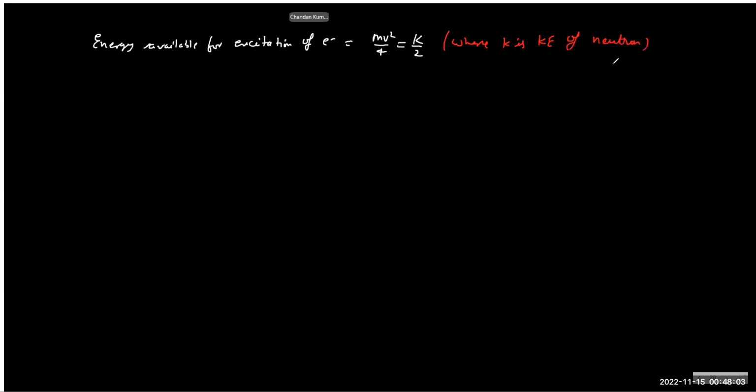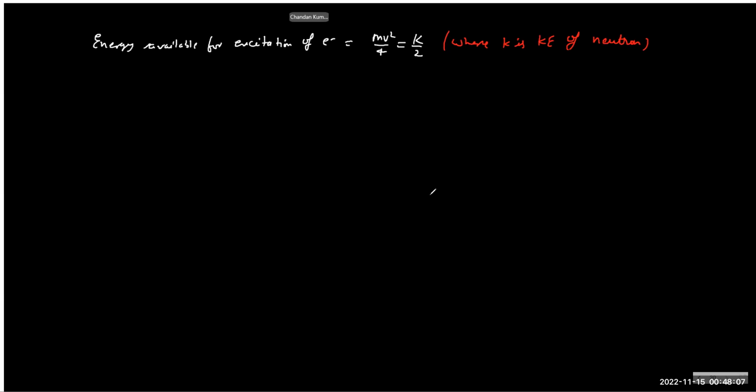So the energy available for excitation of the electron equals mv square by 4 or k by 2, where k is the kinetic energy of the neutron.